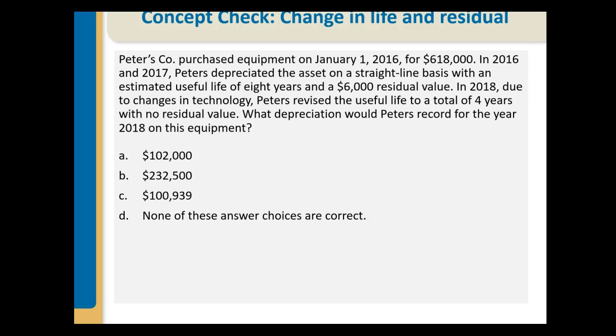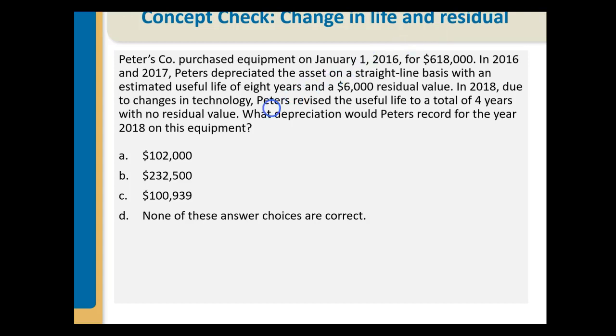But in 2018, due to changes in technology, Peter revised the useful life to a total of 4 years with no residual value. So what depreciation would Peters record for the year 2018 on this equipment?